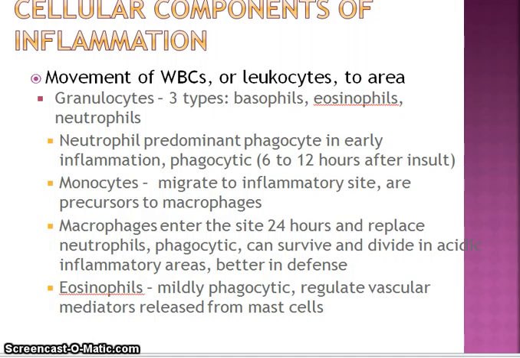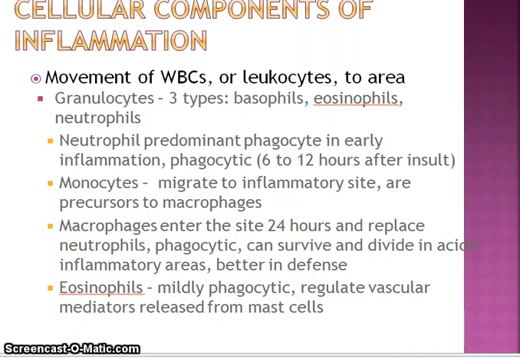Monocytes migrate to the inflammatory site, and they are kind of the precursor, or placeholder, for macrophages to come in. Macrophages come in about 24 hours later and replace neutrophils, and they are also phagocytic, and they can survive and divide even in acidic and inflammatory areas.